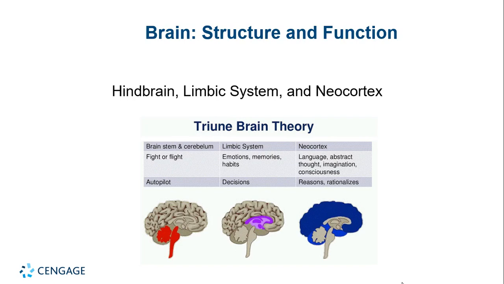The first division you see there in red is the brainstem and the cerebellum, which we often call the brainstem, and this is your hind brain. You share this with almost everything that is an animal, including fish and reptiles and birds, amphibians, and obviously mammals.